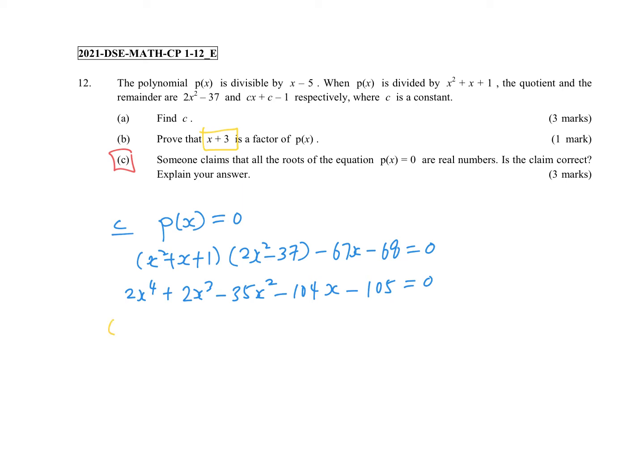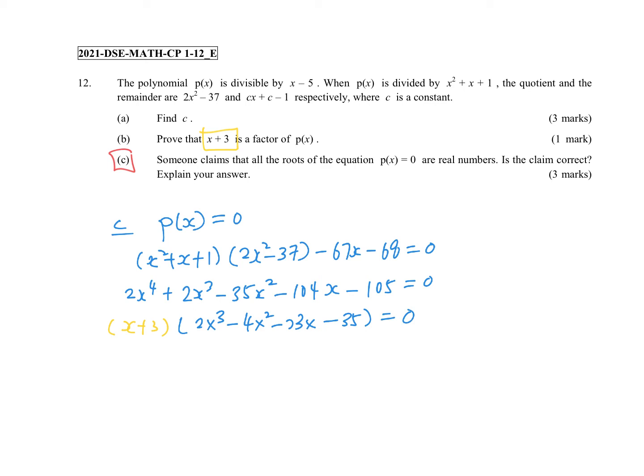And then, that would be super important, to use the result from part B. So here x plus 3 must be a factor. So we'll try our best to obtain the corresponding cubic quotient. So that will be 2x cubed minus 4x squared minus 23x minus 35 equals 0.